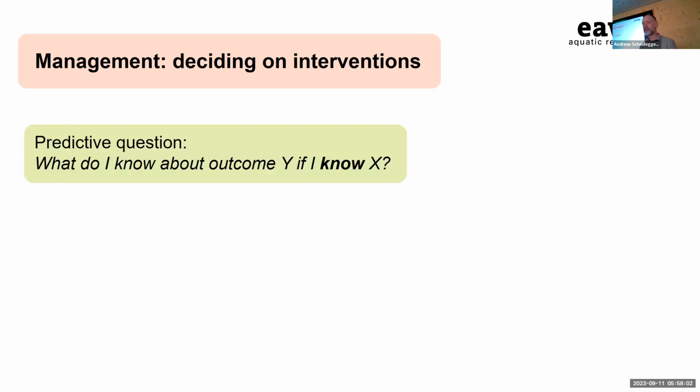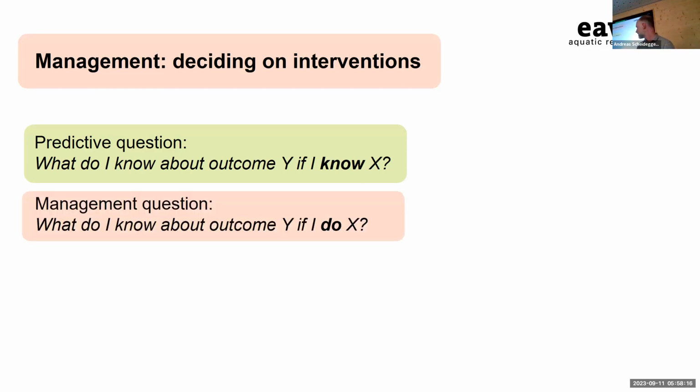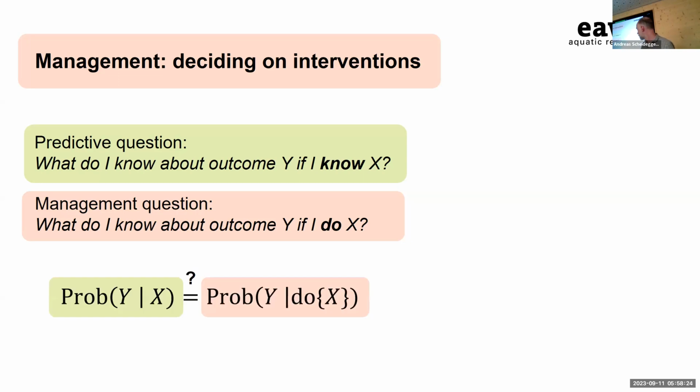And the model we trained answers these predictive questions: what do I know about a certain outcome if I have some information or know some other stuff? If you do Bayesian, you can say this is your belief, or otherwise it's your frequencies. But the management question is very similar: they want to know what happens to Y if I do something.